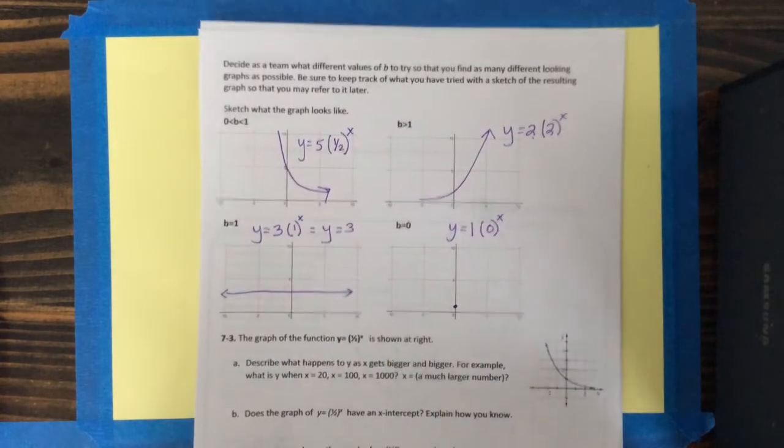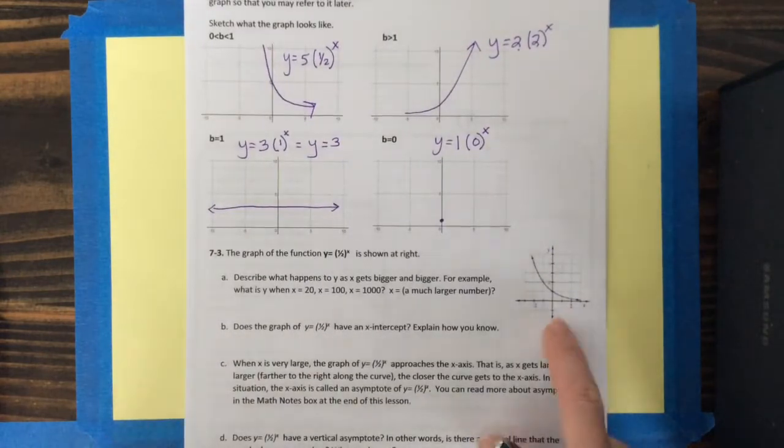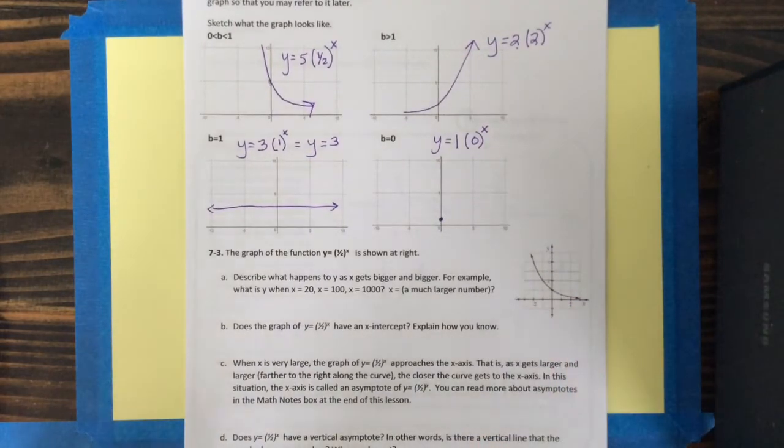The graph of the function right here is shown at the right. It describes what happens to y as x gets bigger and bigger. So for example, what is y when x equals 20 or 100 or 1,000?